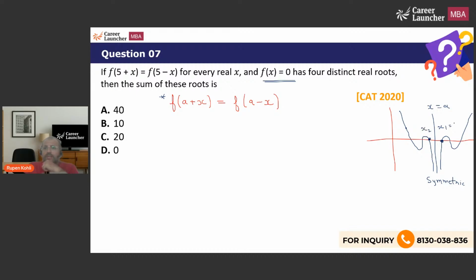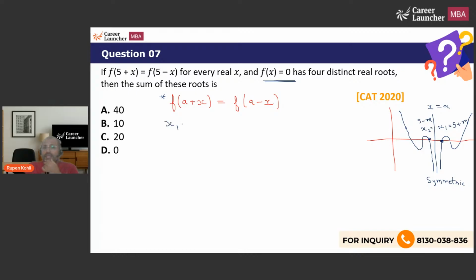So just think about this. If this x1 is something like 5 plus some quantity, 5 plus, let's say, m, so we have moved m units to the right of 5, we should have also moved m units to the left of 5, and this other root should be 5 minus m.